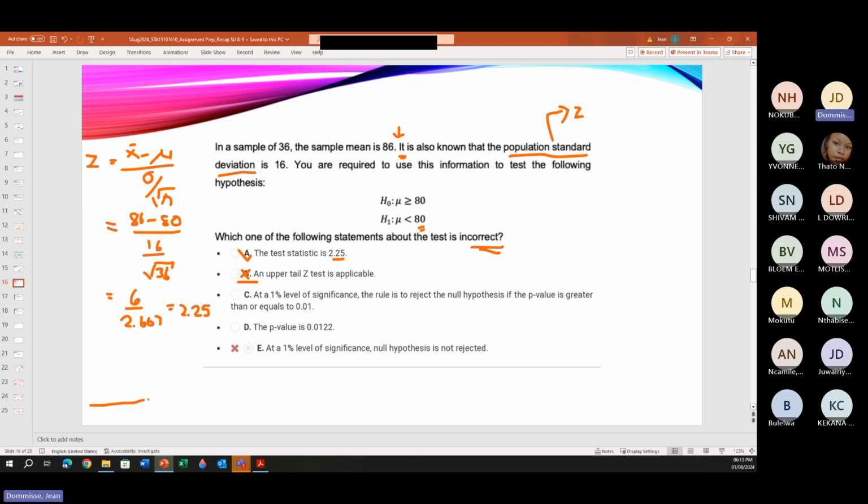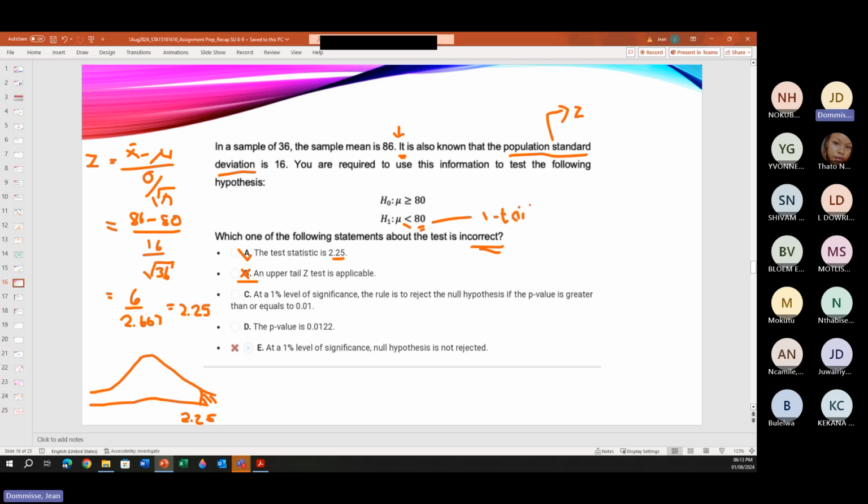Let's look at the p-value. So the p-value will be, again, this area where z is 2,25. We work with smaller, so it's only one tail.